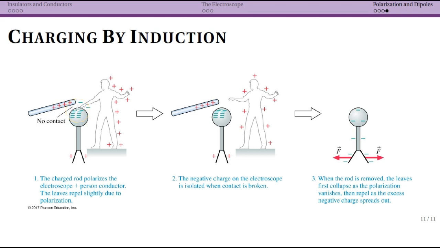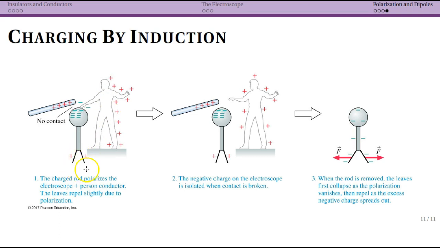Now this is polarization, and we would see that the negative charges from both the person and the electroscope come to be on the surface of the electroscope near that external charge. That leaves an excess of positive charges on the person and an excess of positive charges on the leaf.